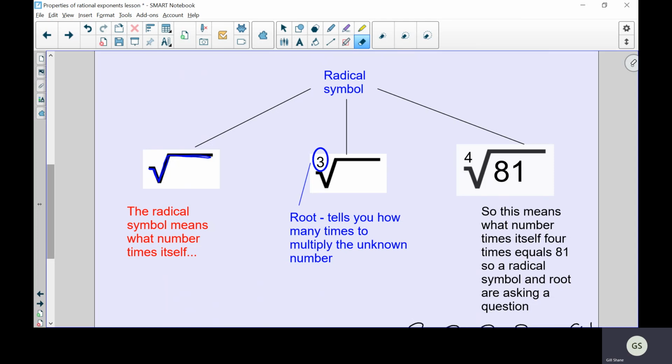You could get away with probably just copying this one down, but then circling the 4 instead of the 3 and saying that's the root, and then just saying that radical symbol means this. It's not really going to save you a lot of time, because you still have to write this in red and this in blue. Either way, you want to spread it out a little bit more. If you think that makes it more organized for you, then do that. If you're trying to save space, you can just write the 481 with the radical symbol.